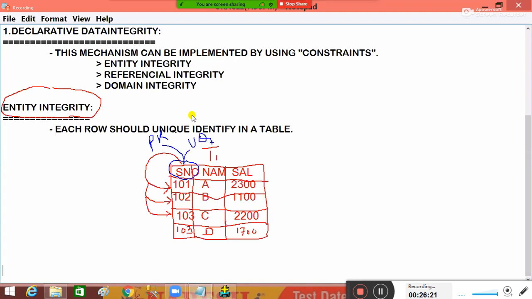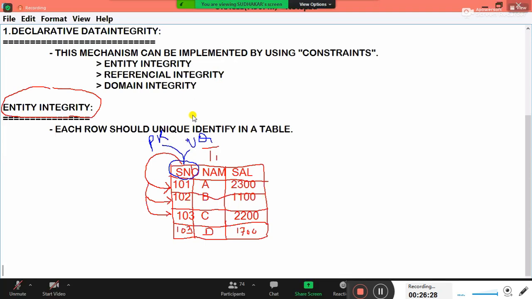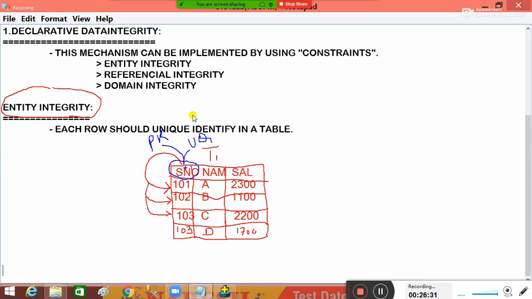The column on which you applied a primary key or unique key is treated as a key column in your table, and that key column does not allow duplicates.